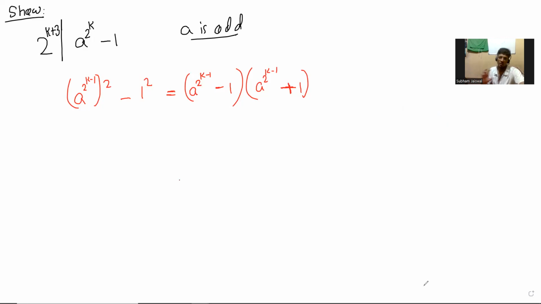And this technique that we are using, this kind of factorization, which decreases the power by 1 and not by half, has that effect. I have seen this being used in many problems, so it seems to be a useful thing. We will see it when we do harder problems.